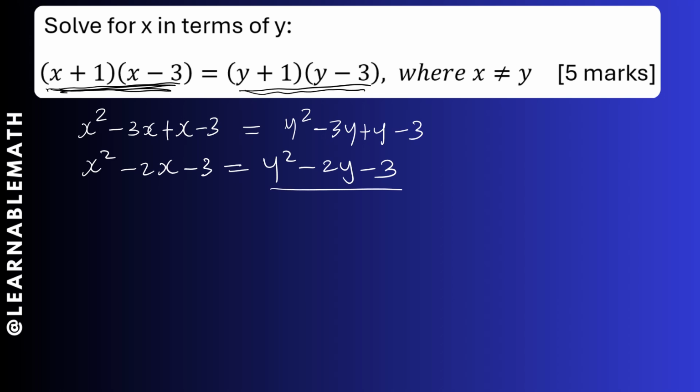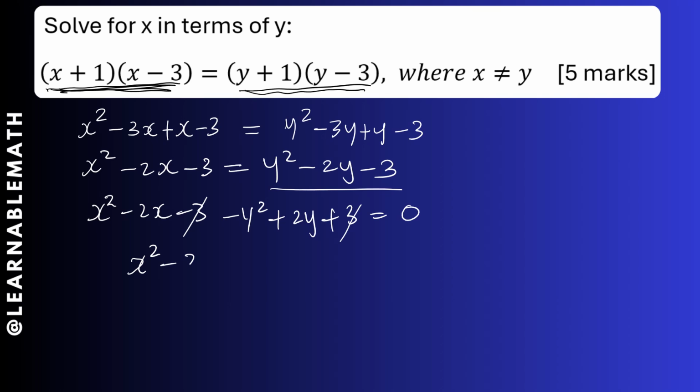Then we can take this side to that side: x squared minus 2x minus 3 minus y squared plus 2y plus 3 equals 0. The 3 minus 3 will cancel. We are left with x squared minus 2x minus y squared plus 2y equals 0.